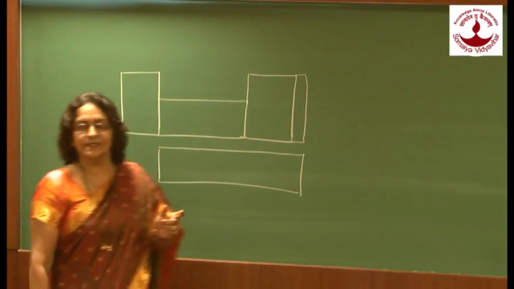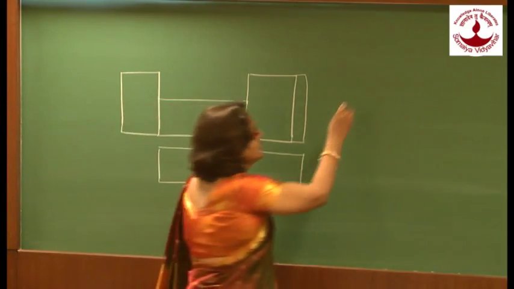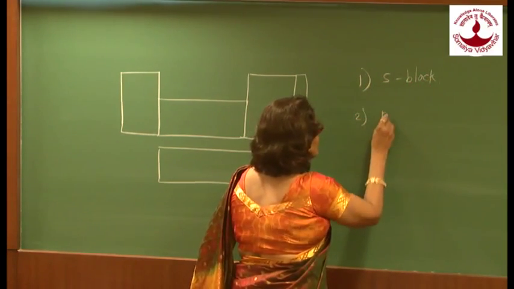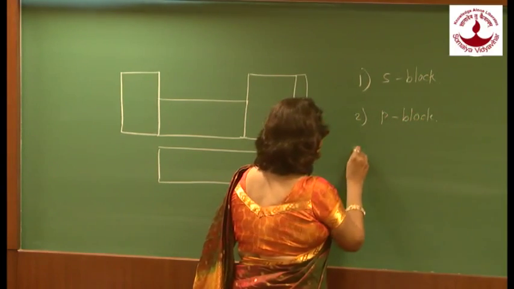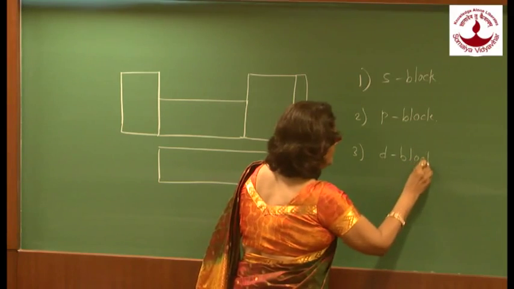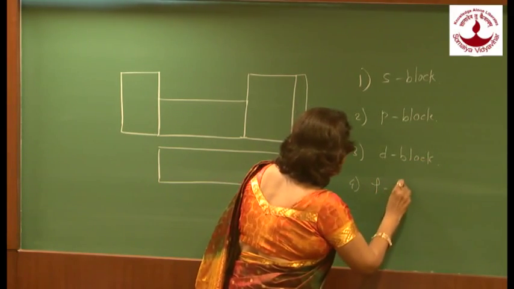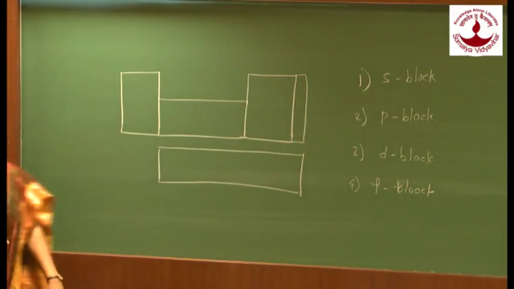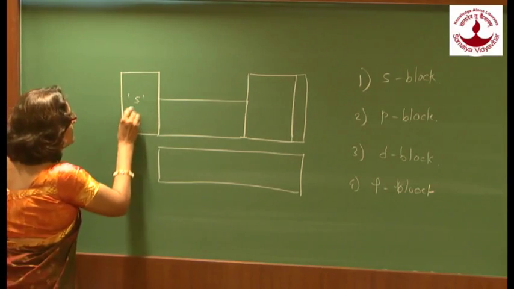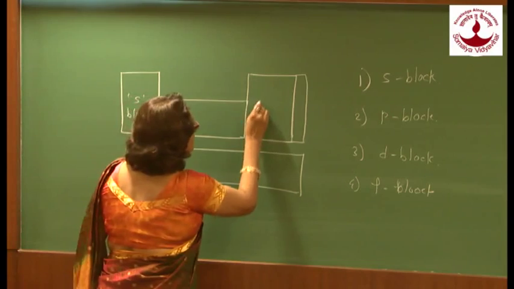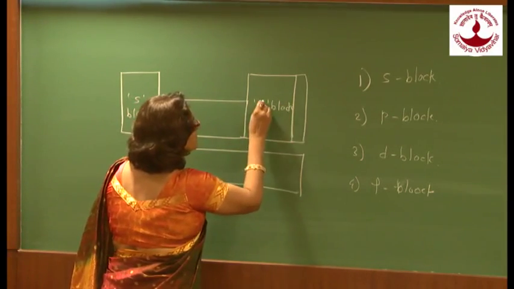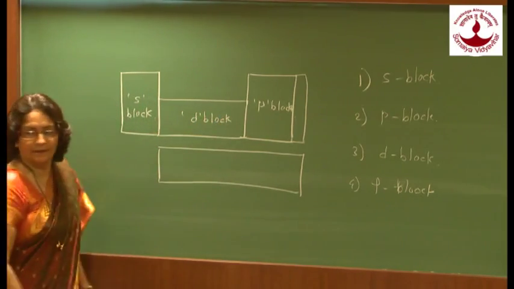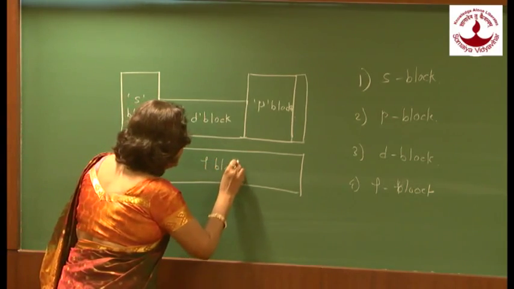On the basis of electronic configuration, elements are classified into 4 different types: S block, P block, D block and F block elements. Here we have S block elements, here P block elements, here D block elements, then F block elements.